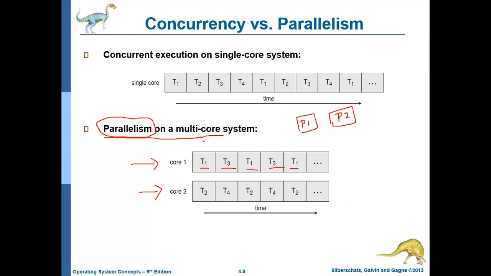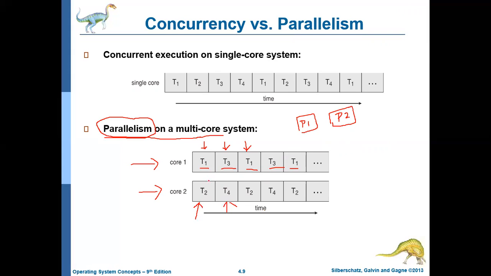It is executing thread 1 for some time, say x milliseconds, and then it switches to thread 3 for another y milliseconds. Then again it switches to thread 1, and like that it keeps executing. Similarly, core 2 is executing thread 2 and thread 4. It executes thread 2 for some time, then thread 4 for some time, and then it switches to thread 2, like that.